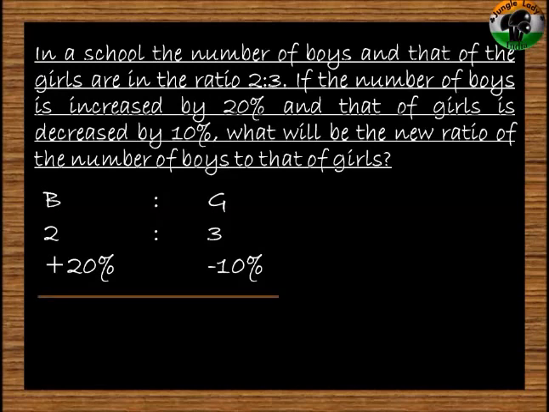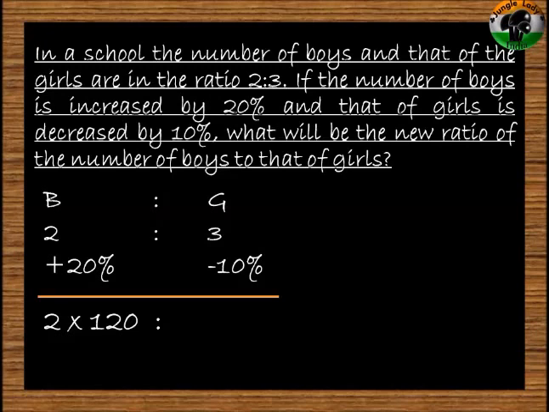This is completely different. So what you have to do is just take down the old ratio value, which is 2, and multiply it by 120. Always remember, for percentage, have 100 as a fixed value, and if you are going to increase it by 20%, make it as 120.